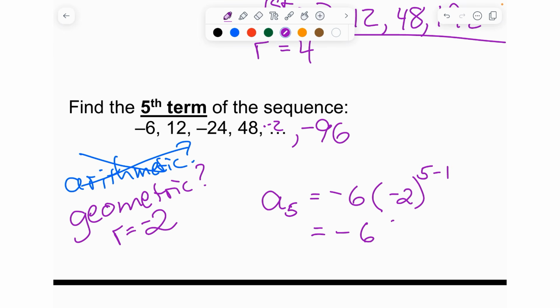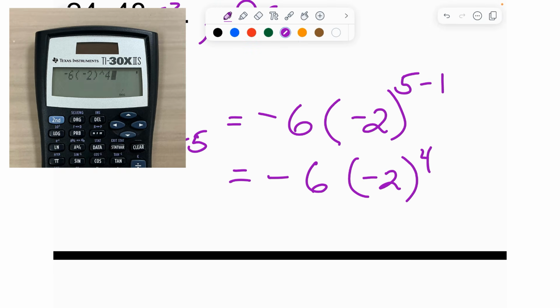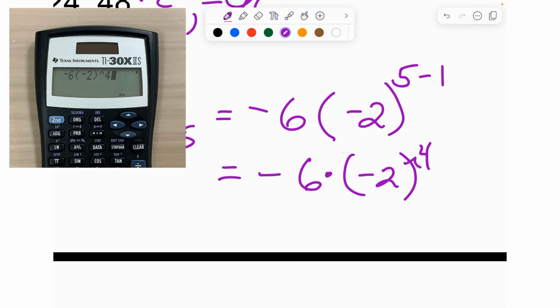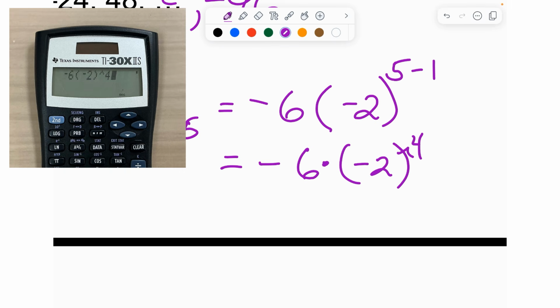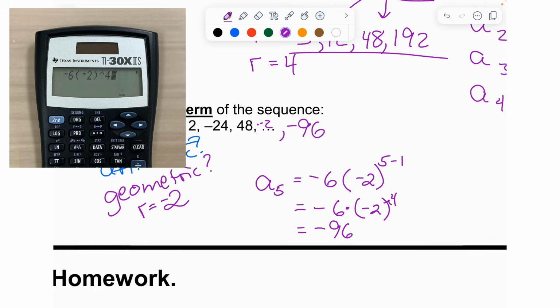If I like using my exponent button on my calculator, I could type this all in. It's -6 times -2 to the 4th. I would definitely use parentheses in a time like this. When you have negative numbers, you definitely want to put them in parentheses. But it is definitely going to still come out to be negative 96.